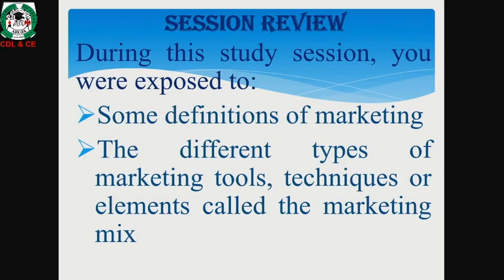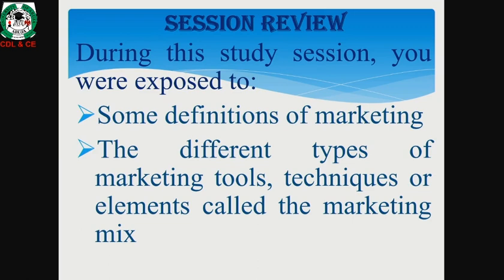So far, so good. During this session, you were exposed to some definitions of marketing and the different types of marketing tools, techniques, and elements called the marketing mix. These elements, as we have discussed, are 7, including place, product, promotion, price, physical evidence, people, and process.